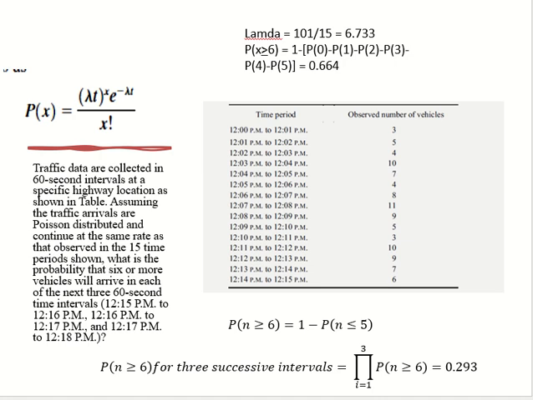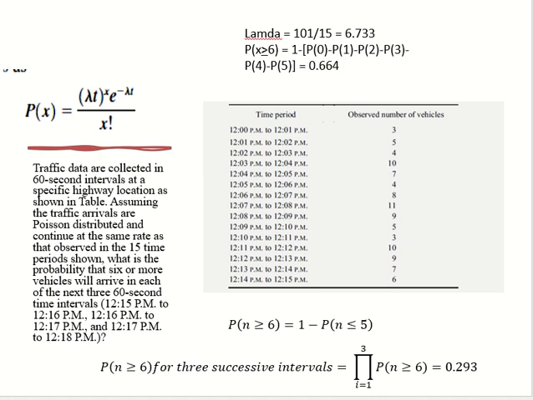Now let me change the question. What is the probability that in the first minute you will have 6 or more cars? How much is that? 0.6, right?